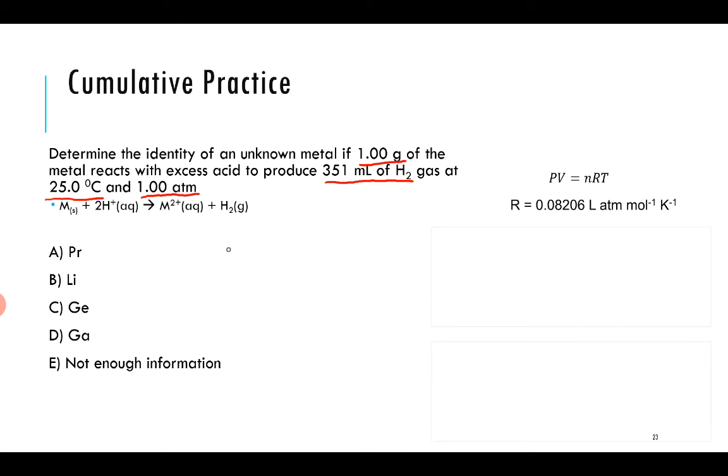Okay, we could identify the metal by finding the molar mass of the metal and comparing to the periodic table.